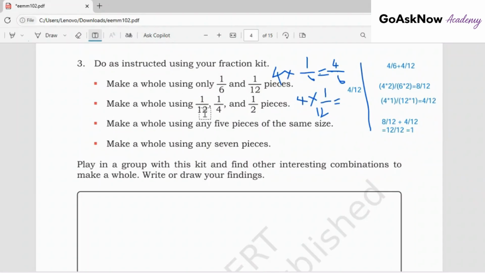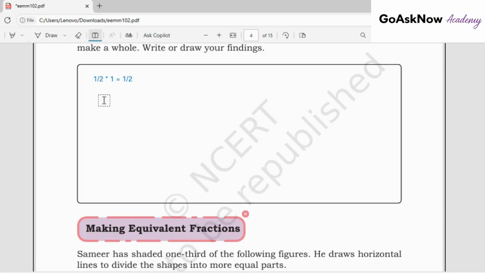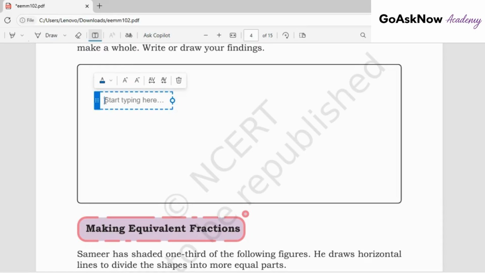Now make a whole number using 1 by 2 and 1 by 4 and 1 by 12 pieces. Here, taking the value 1 by 2 into 1 is equal to 1 by 2. Next, 1 by 4 into 1 equal to 1 by 4.